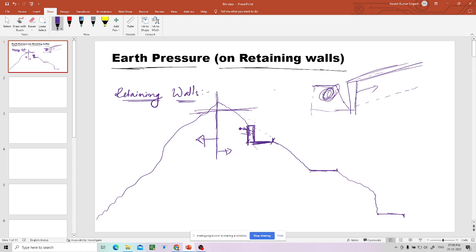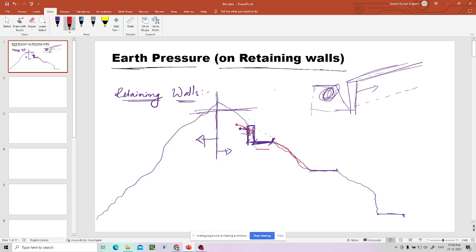So then this is the road, and somewhere again you will construct a wall like this to avoid the fall. We have constructed a retaining wall. There is no retaining wall requirement in this portion, because this is a natural slope.